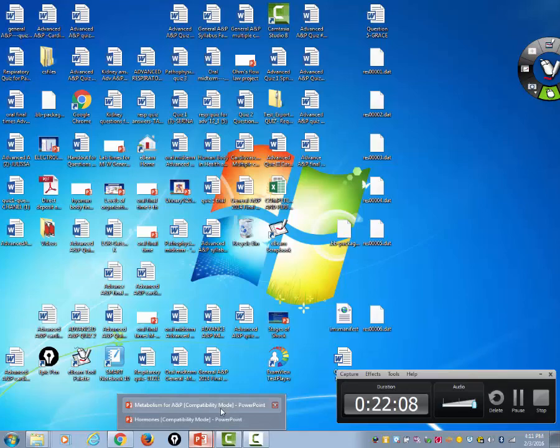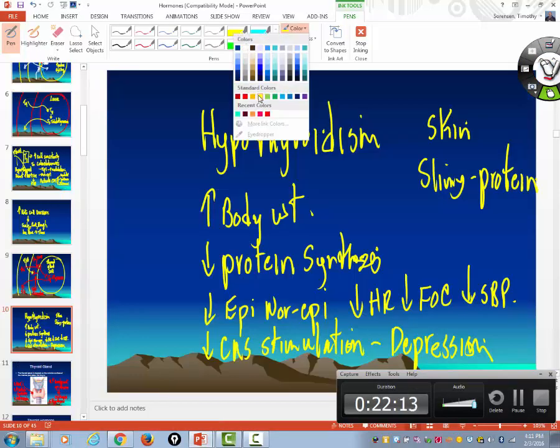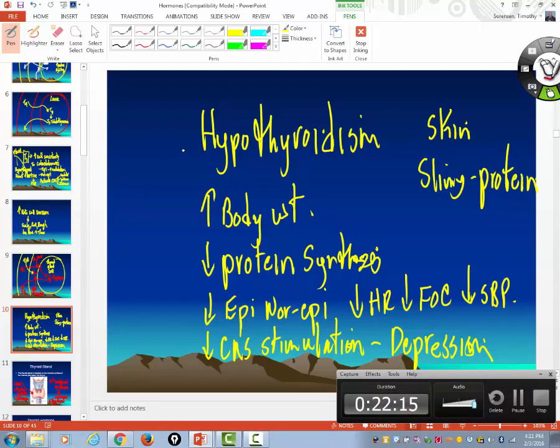So they'll get this condition called myxedema. So the severest form of hypothyroidism is a condition called myxedema, and I just showed you a picture of that. The other thing is that their GI activity is going to slow down, so they develop constipation.